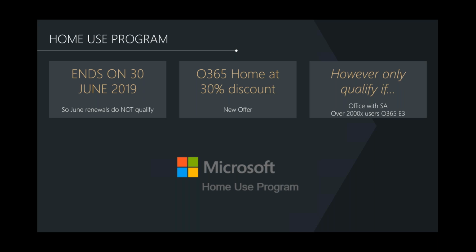Now, you can still qualify for the home use program in a way. If you have Office with software assurance, you can now, at a 30% discount, offer Office 365 Home and Business, or similarly, if you're over 2,000 users taking Office 365, then you also qualify for this 30% discount.